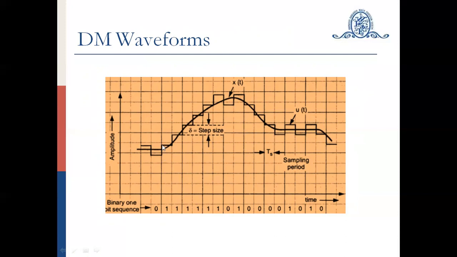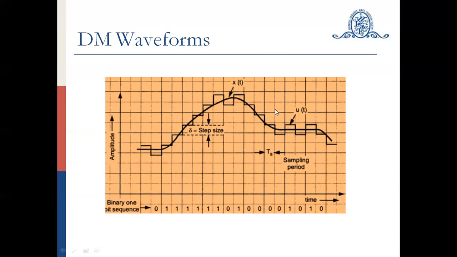In that case, the step size will be increased. The step size is fixed in delta modulation, that is delta, as shown here. At this point, the analog signal x of t is smaller than u of t, so the delta is reduced here and so on.